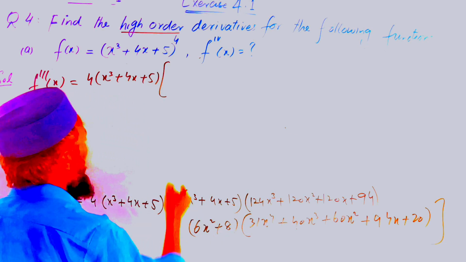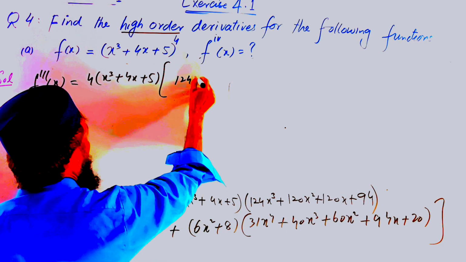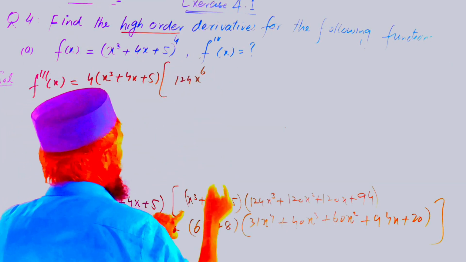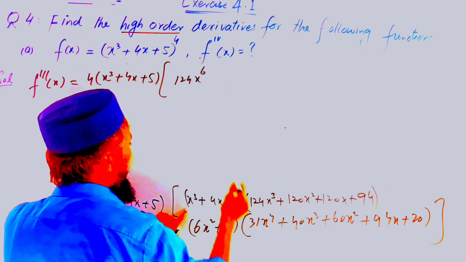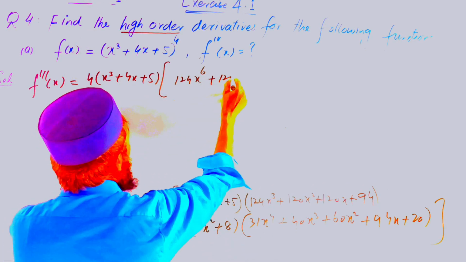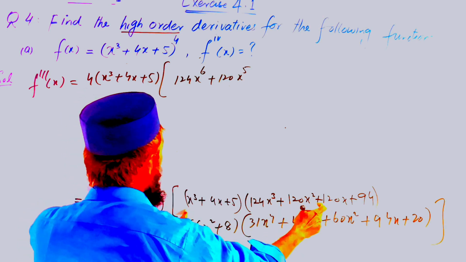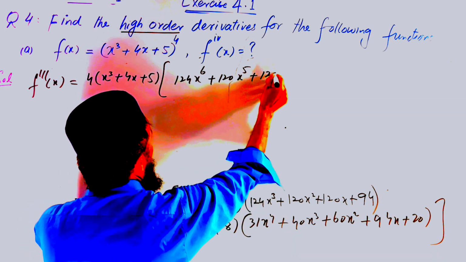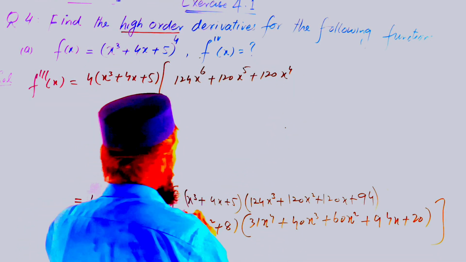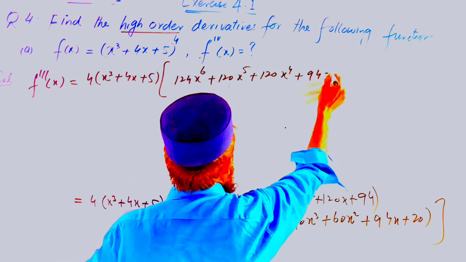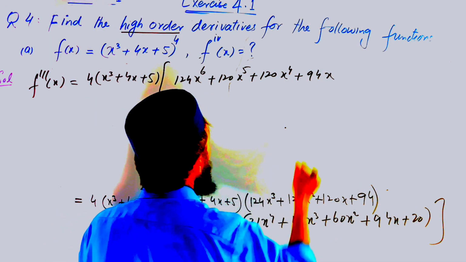cube, we get here 124x power 6, and further plus 120x power 5, 120x power 4, plus 94x cube.